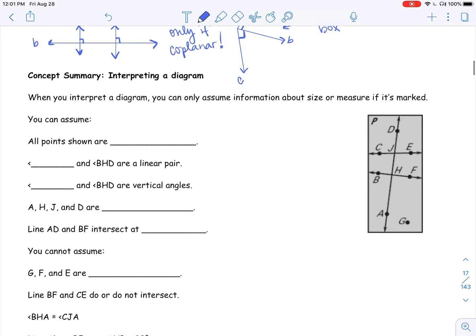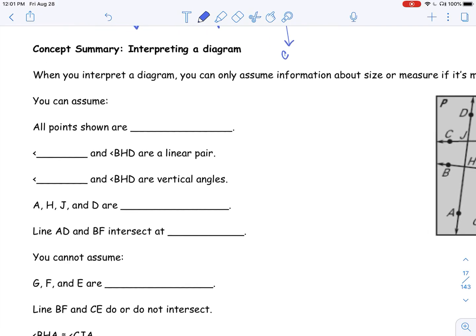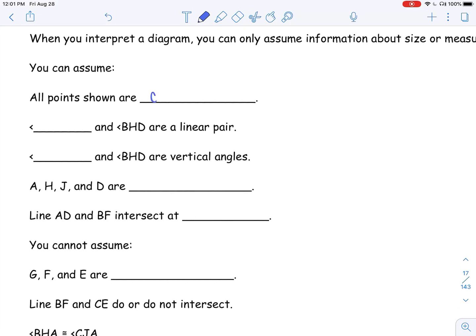So we're going to talk about what we can assume and what we cannot assume. We can assume that all of these points that we see are coplanar.